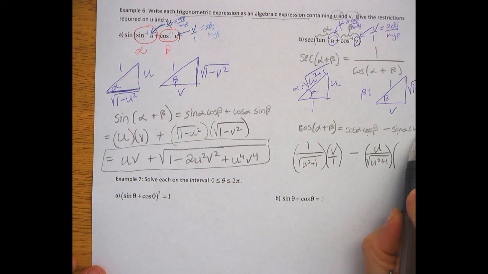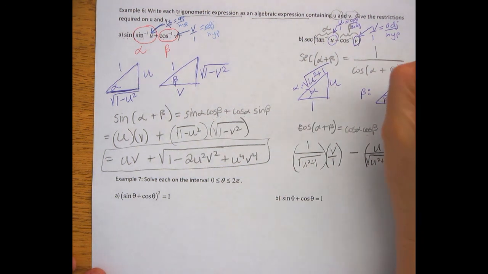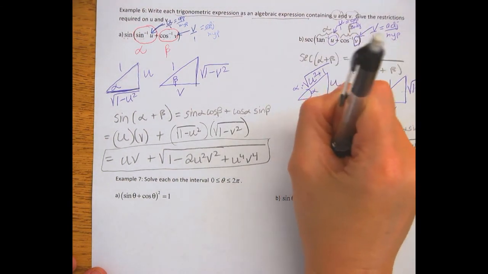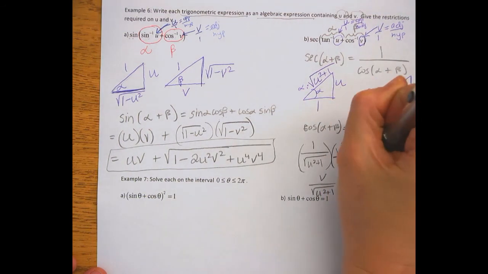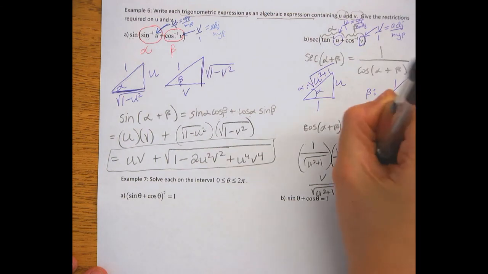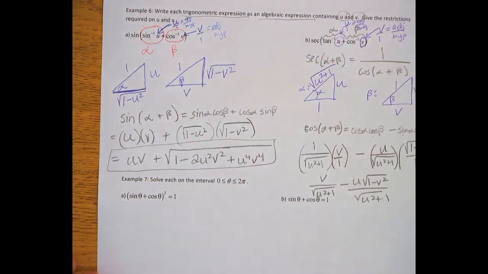Sine beta would be the square root of 1 minus V squared over 1. So then I get V over the square root of U squared plus 1 minus U times the square root of 1 minus V squared all over the square root of U squared plus 1.